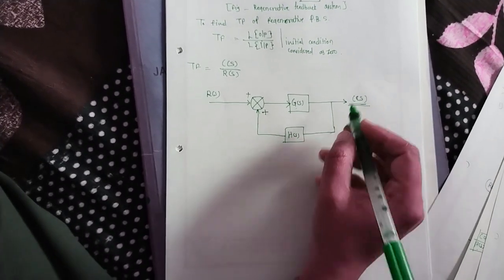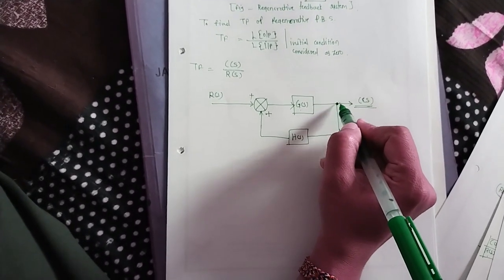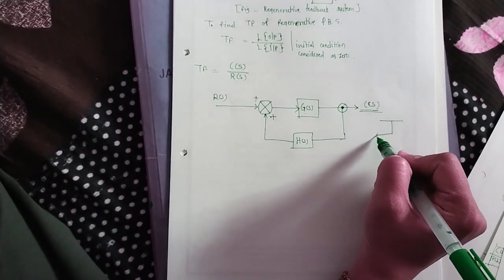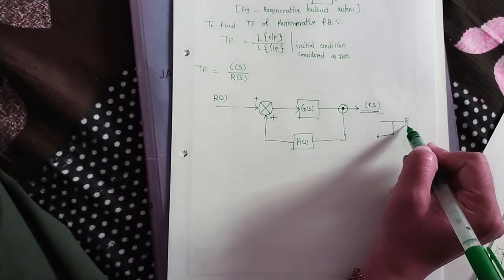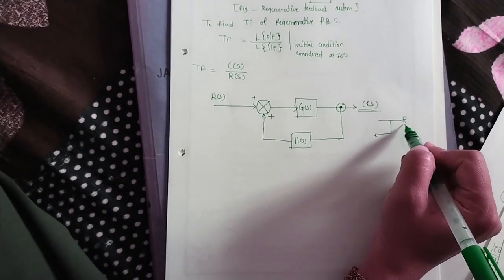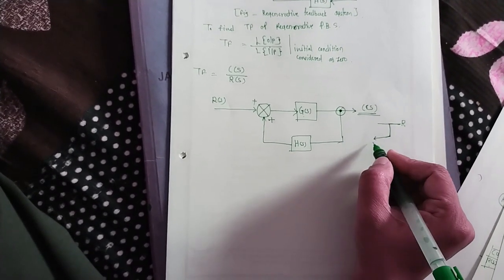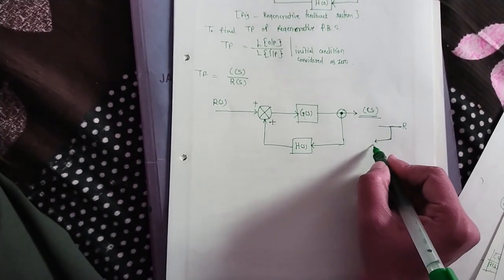By the rule of takeoff point, suppose a signal is coming, this signal will go as output to this path.